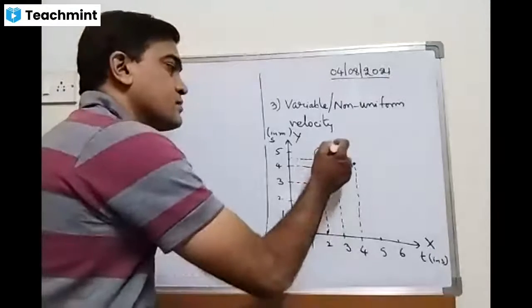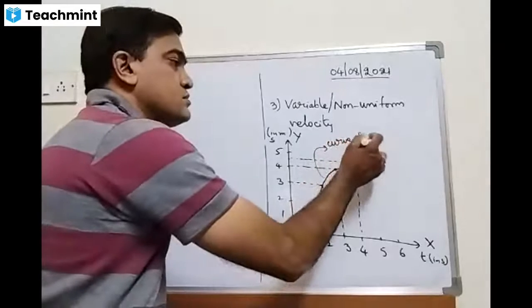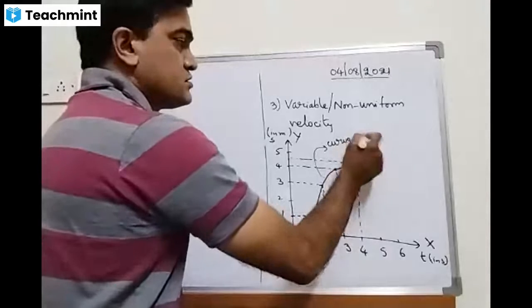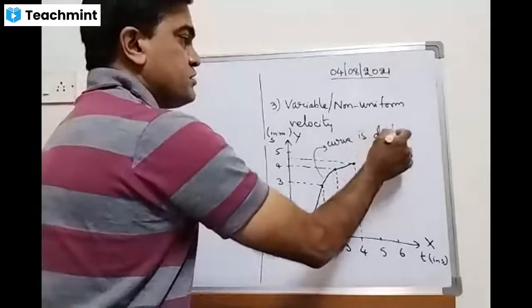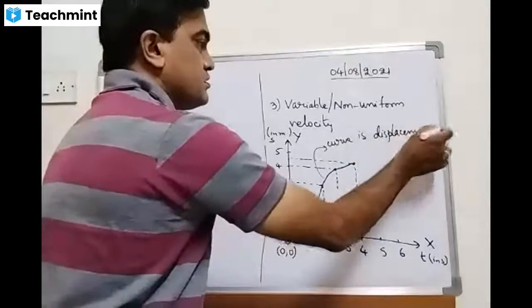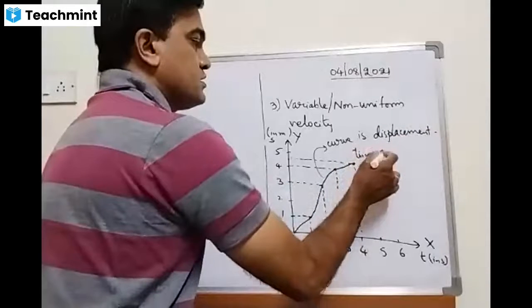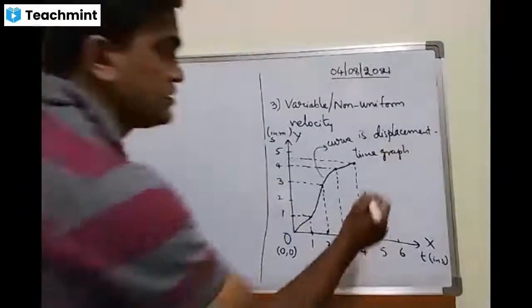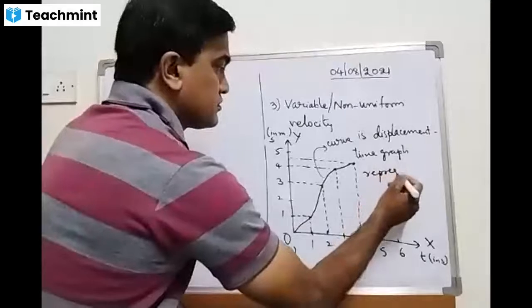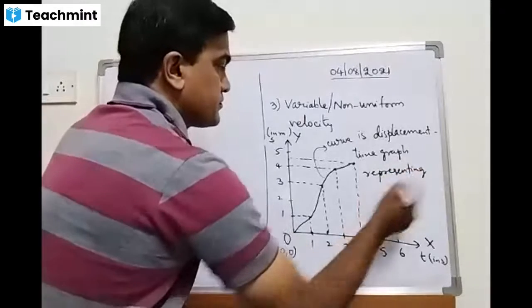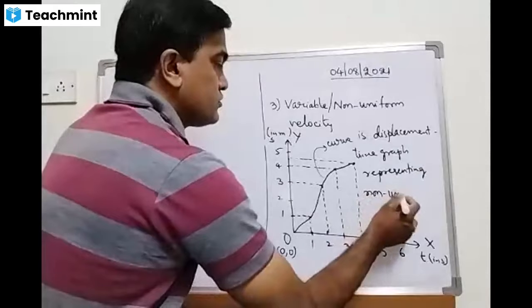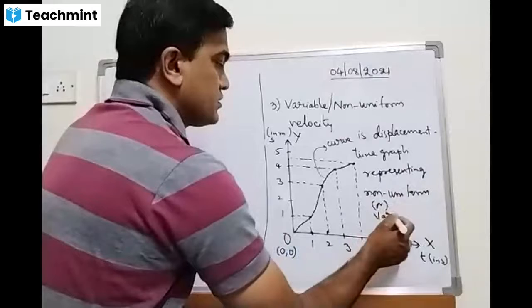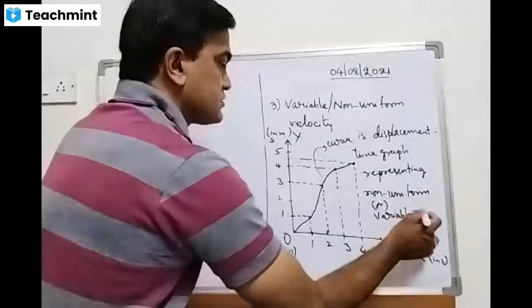This curve is displacement time graph representing non-uniform, or you can say variable velocity.